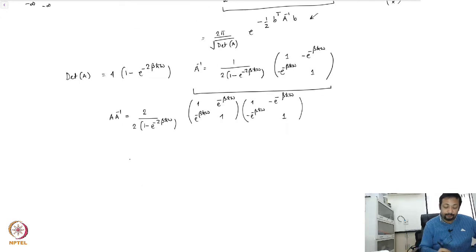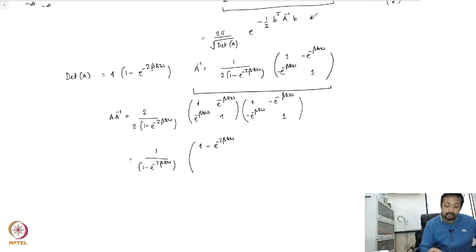So that this is going to be, let's cancel out the 2's and write them as 1 over 1 minus e to the power minus 2 beta h bar omega.